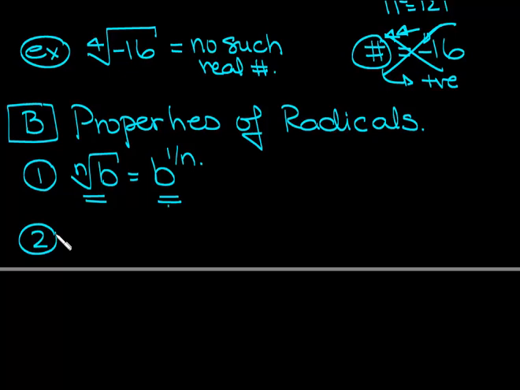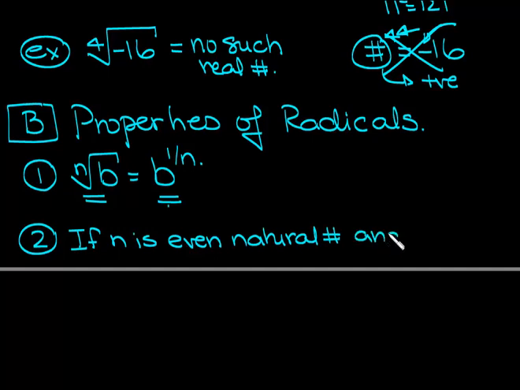The second property is this. We can say that if n is an even natural number, that means even positive integer, and b is a real number.